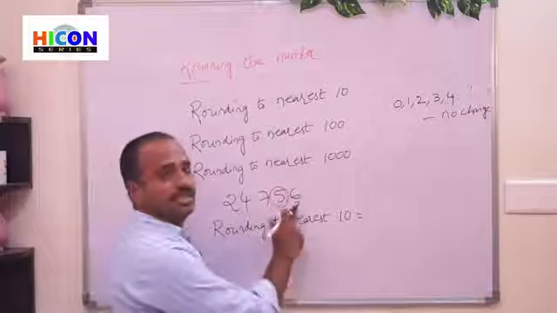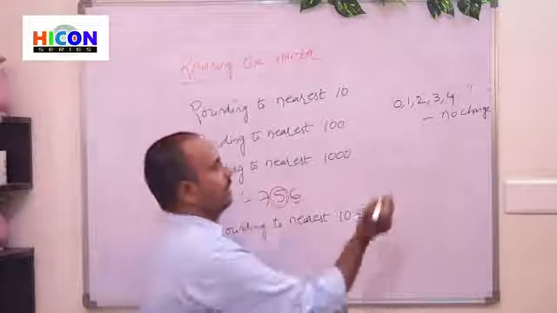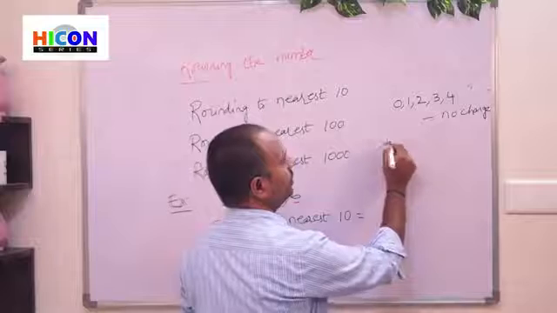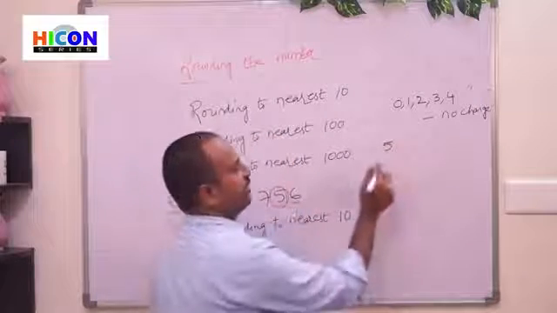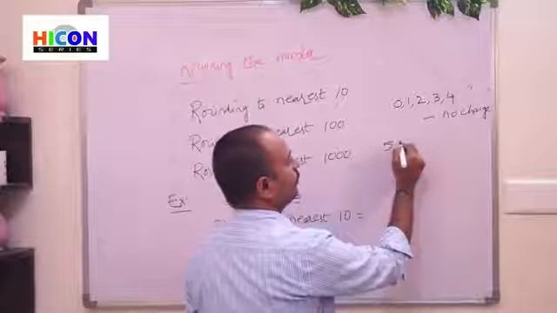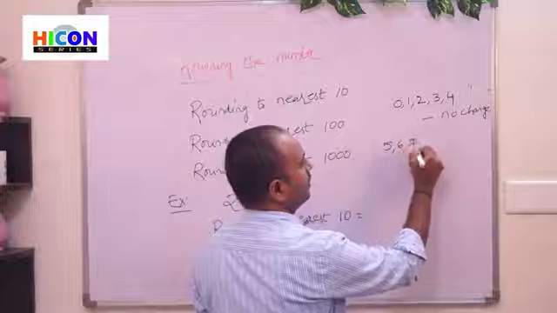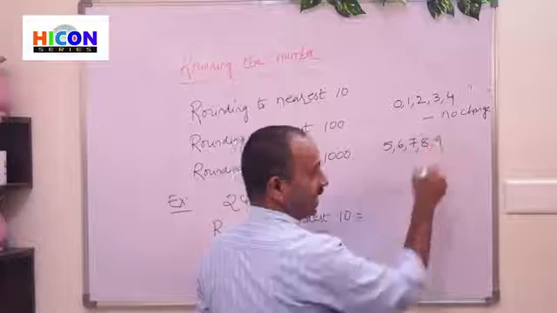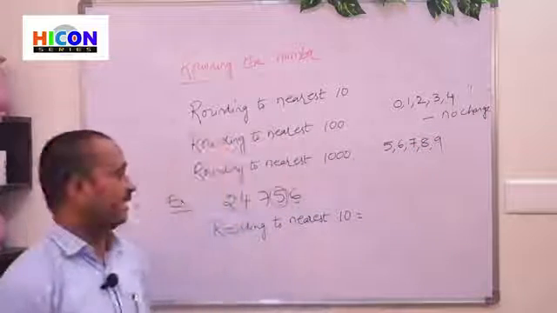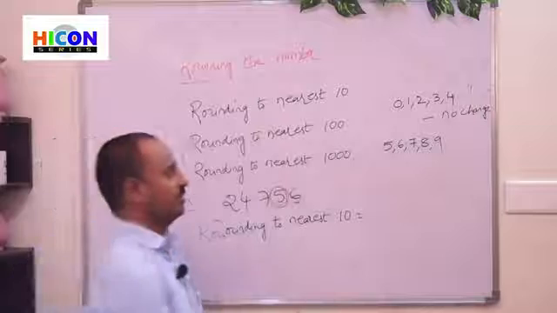Or if the next digit is greater than or equal to 5, for example 5, 6, 7, 8, 9, then write the next tens.